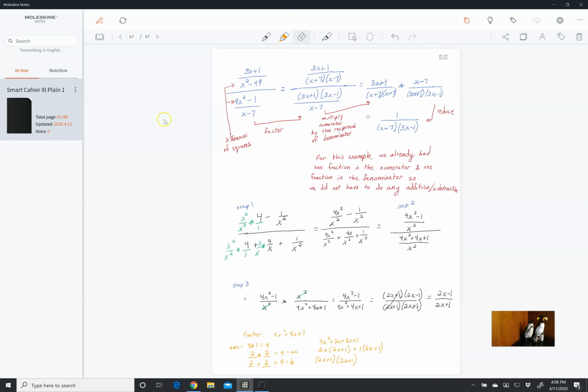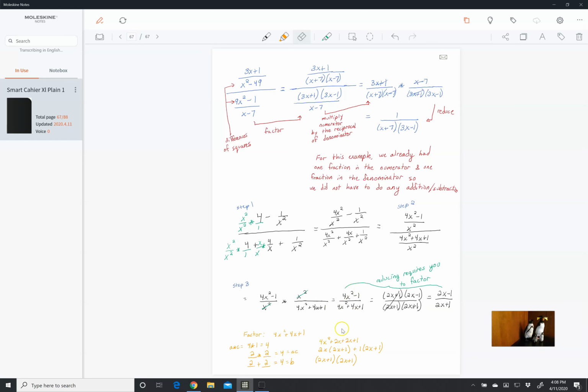Okay, so this whole section that you see here is an effort to reduce. That's what's going on in this whole section here.